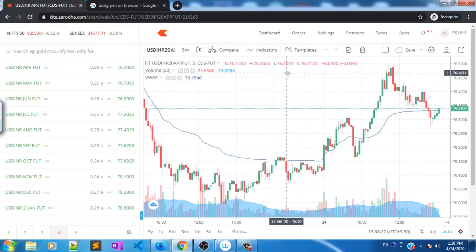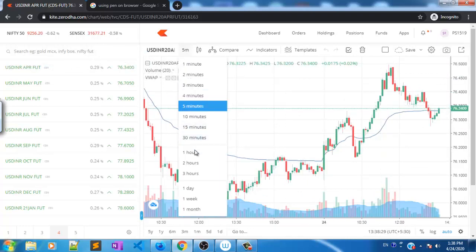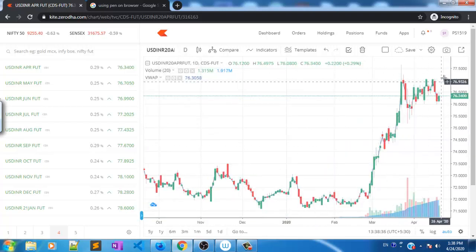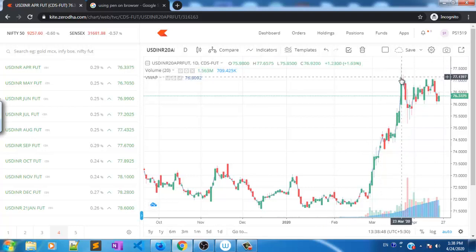So this is the futures chart. Let's go into the daily time frame. You can see in this region, the 77 region, USD INR is facing strong resistance. On 23rd March it came to the 77.5 level and pulled back to 77 rupees, and in the next 2-3 days it retraced towards 75.5.